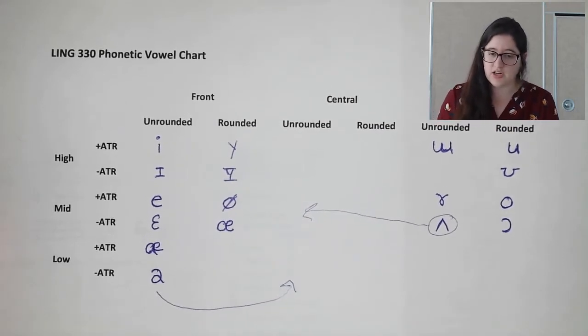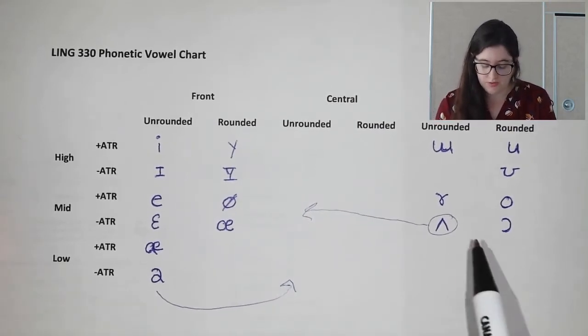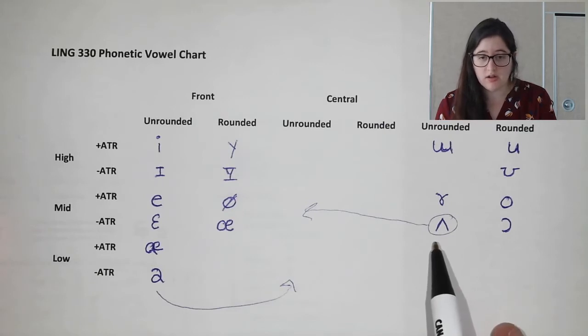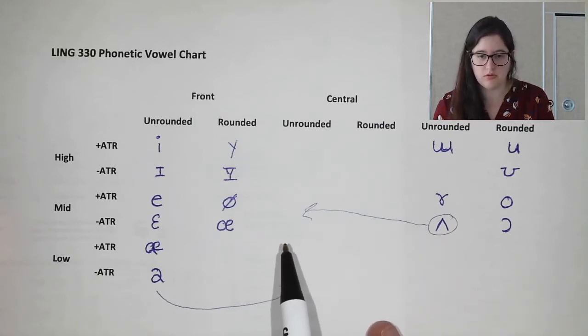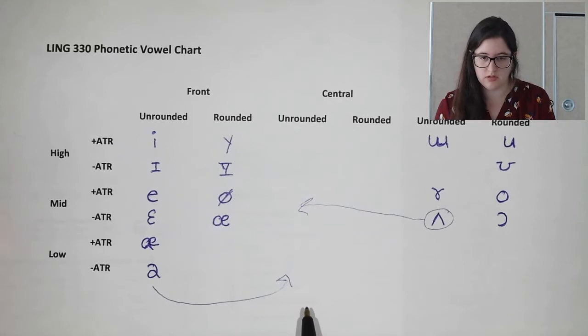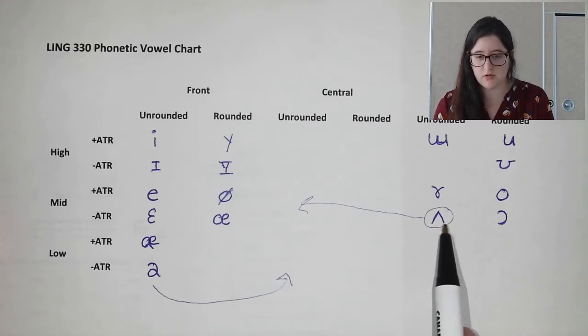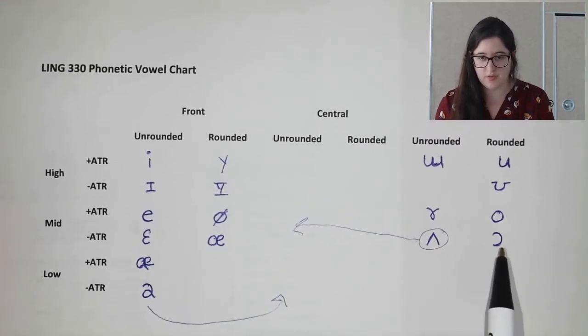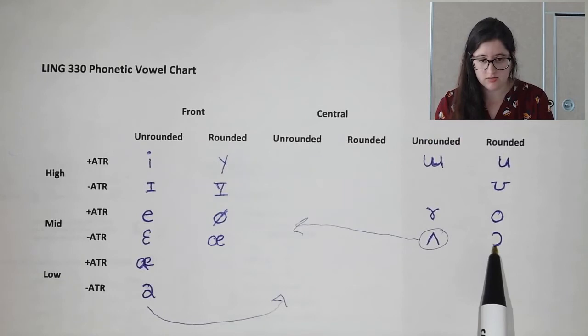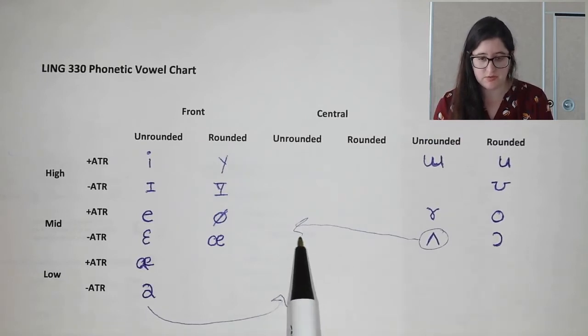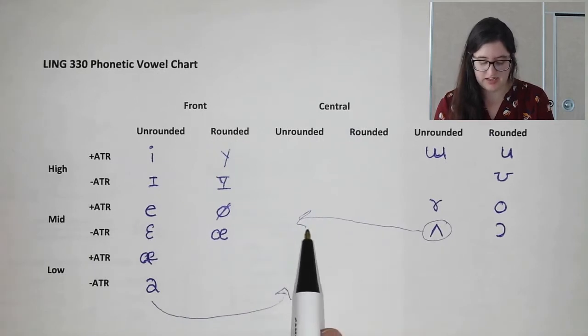It's actually a different vowel. We'll do a couple of the central vowel symbols in just a second. There's only a few central vowel symbols that we use. So sometimes this is used to represent the back unrounded version of the ah, so ah. Sometimes it's used to represent the same vowel, it's just more central.